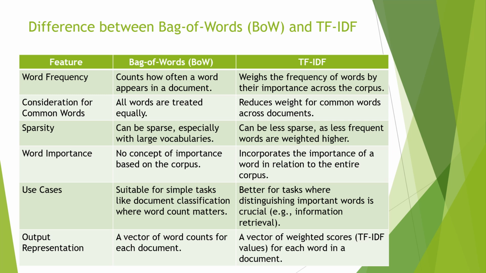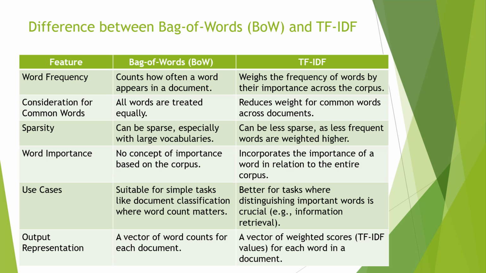Whereas in TF-IDF, less frequent words are given higher importance, the weighted score is higher for them, and common words are given less score, so there will be less sparseness.